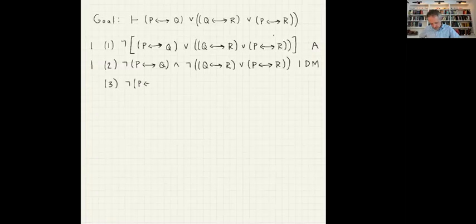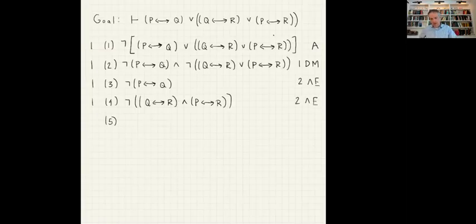So P if and only if Q. It's 2 and elimination. And then also that second negation, Q if and only if R, and P if and only if R. Okay, there's a typo in what I just wrote.